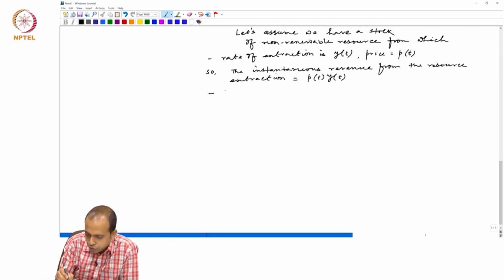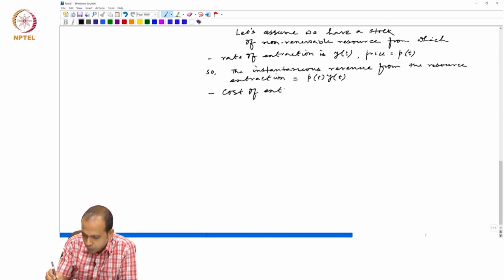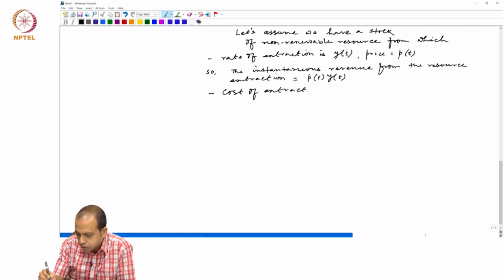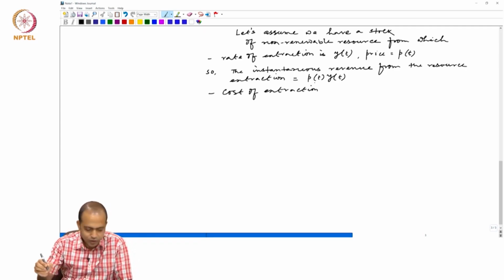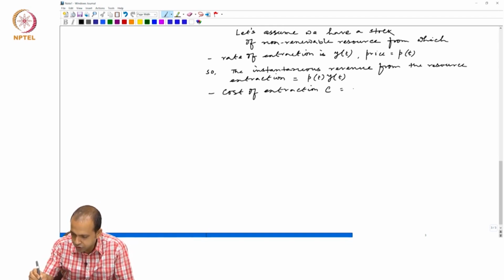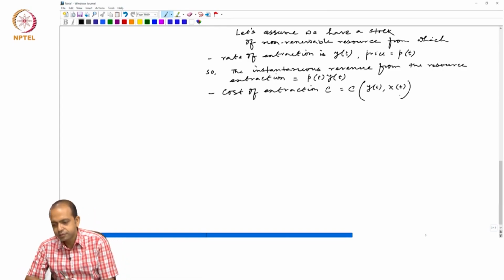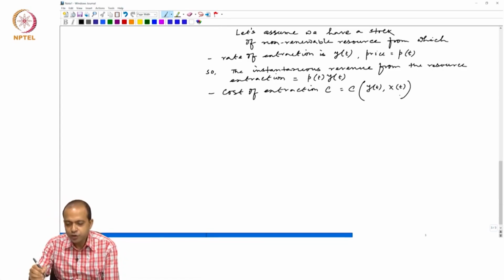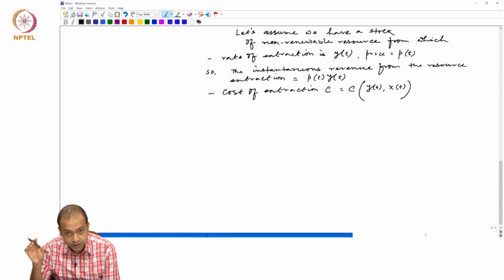Let us also assume cost of extraction C is actually a function of your rate of extraction and the stock. Obviously, cost of extraction is a function of the rate at which you are extracting and the stock you are having.